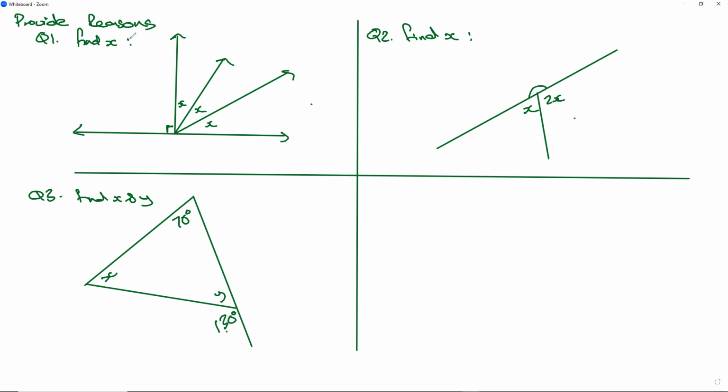Each time you have to provide a reason, you get an extra mark, if you know what the exact reason is. So try and remember anything that you can on the lines of the reasons for each of these as well while you're trying them.